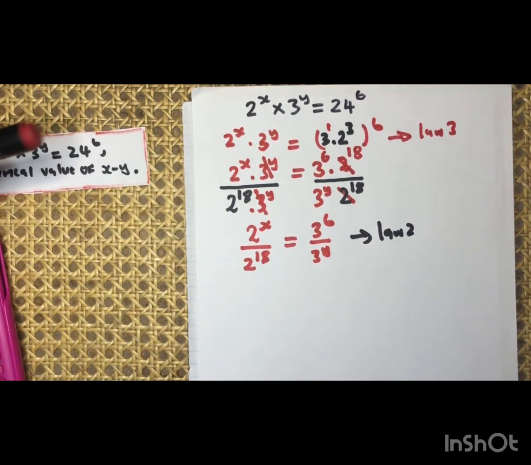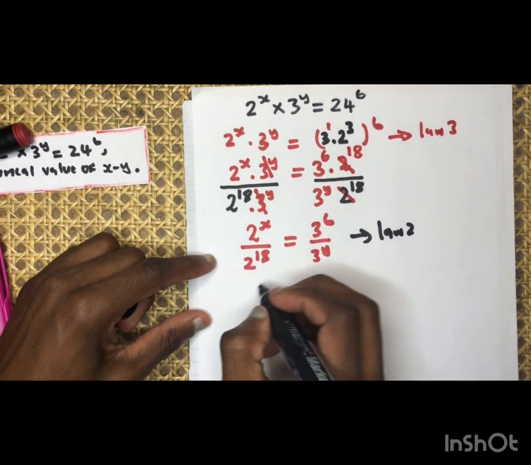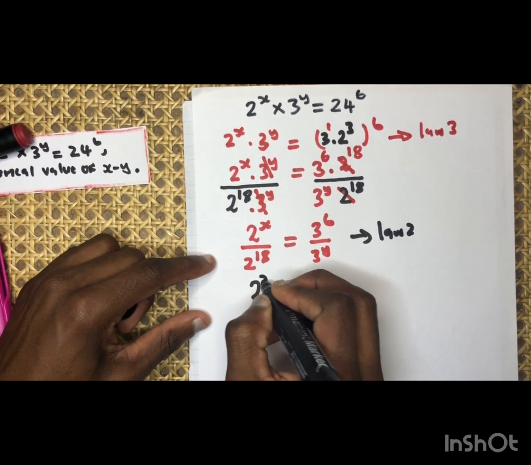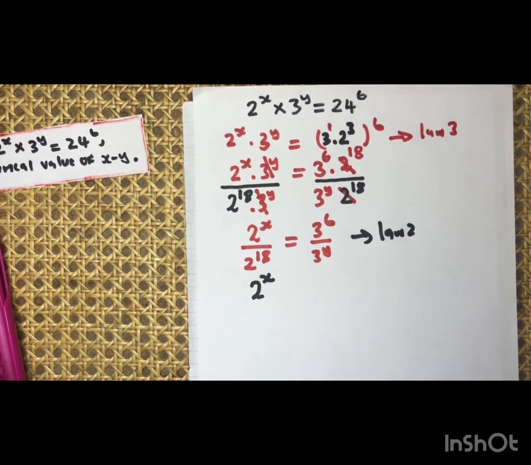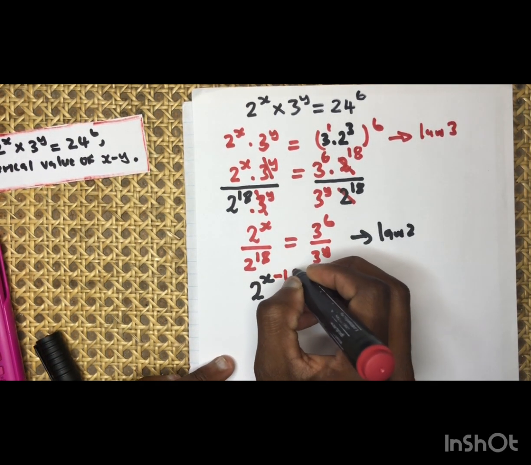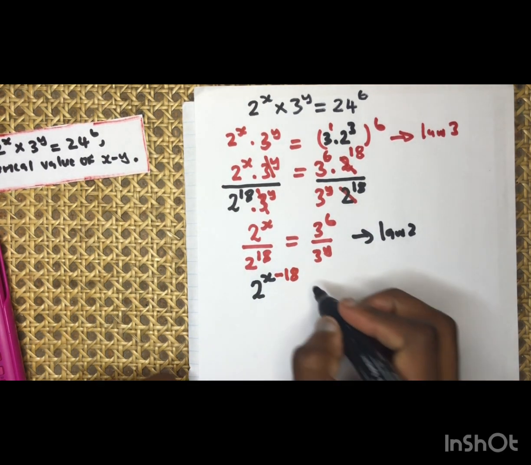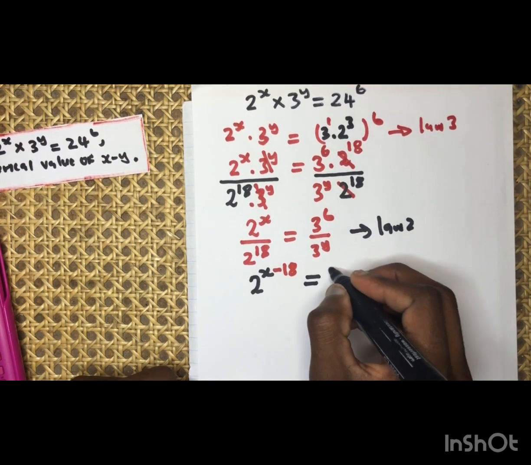Now can you see that here the bases are the same? So I'm going to take one base and subtract the exponent. So I'm going to have x, then if this 18 goes up, we know that the sign is going to change to become minus 18. Are we together? Then we have on the right side 3.